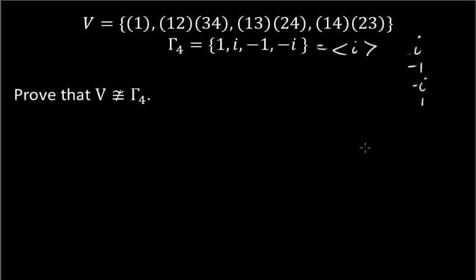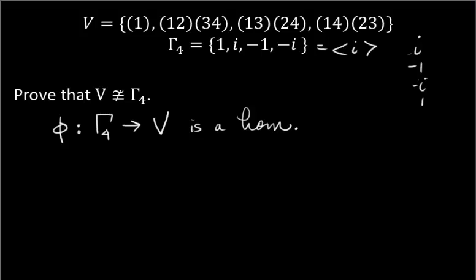All right, well, let's suppose that phi, mapping the 4th roots of unity to the Klein-4 group, is a homomorphism. There's always a group homomorphism of some kind. It could just map everything to the identity.